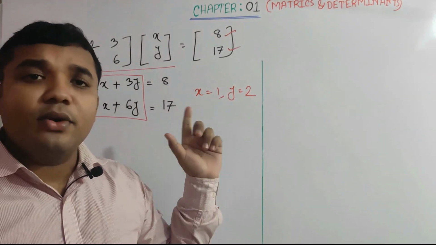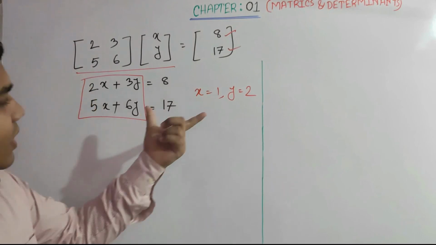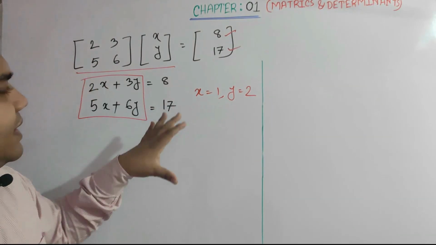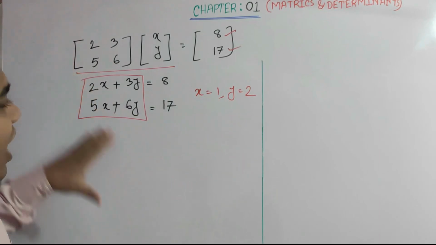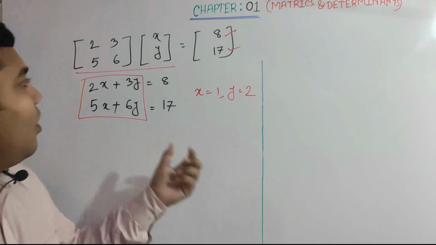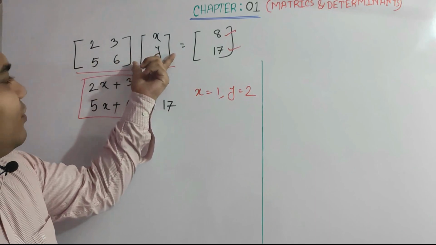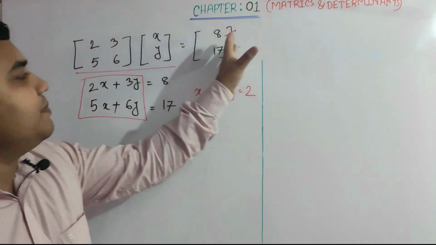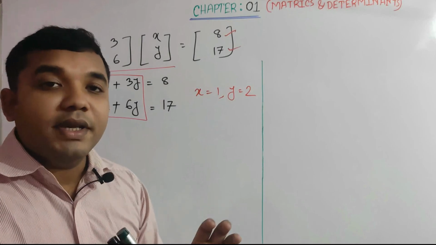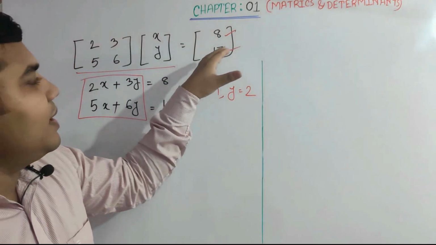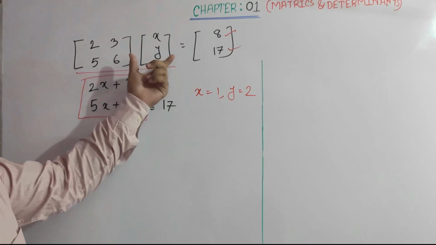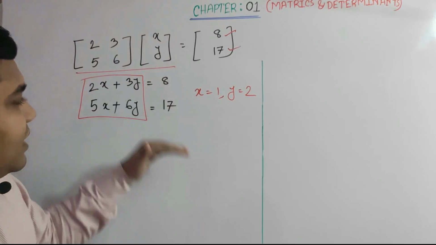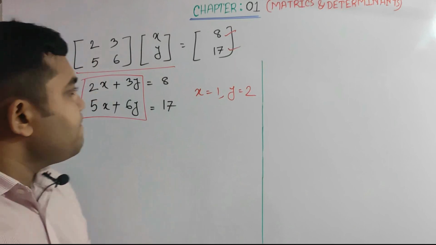My dear students, my question is, if we can get the value of x and y from this equation, how can we find the values of x and y from the matrix form? That means, which is the procedure to find the value of x y without going through this step?